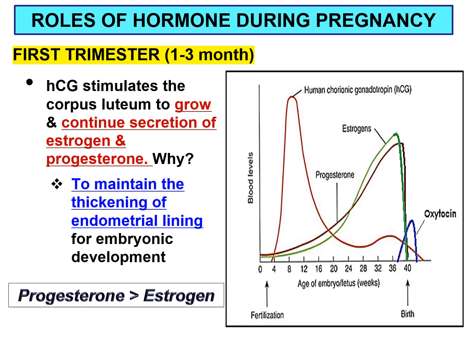So HCG stimulates corpus luteum to grow, maintain, and continue the secretion of estrogen and progesterone. Again, the maintaining of estrogen and progesterone secretion is to maintain the thickening of the endometrium for embryonic development.